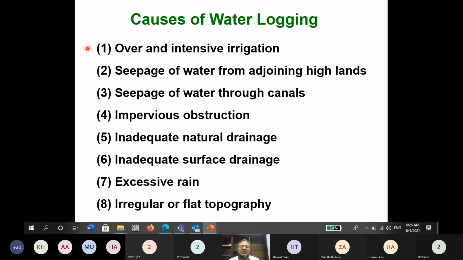So if you are supplying irrigation somewhere, maybe surface irrigation through canal network, then we must also design the drainage network. As what we are doing in irrigation, we are supplying more water than the natural water which was infiltrating in the lands. So as we are supplying more water, it has to raise the water table, and ultimately it will cause waterlogging.